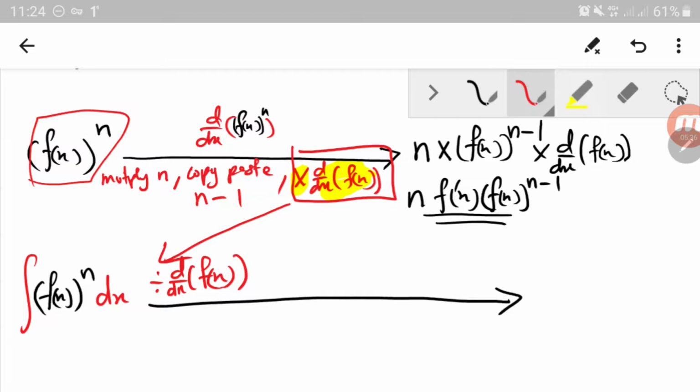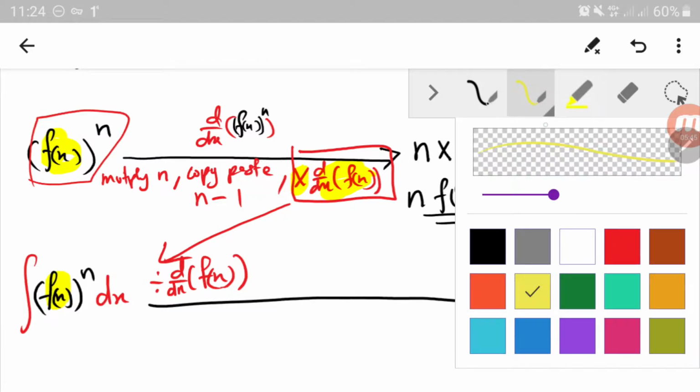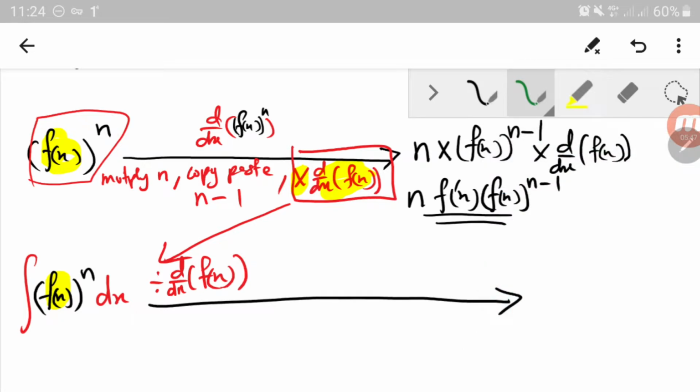But before I forget, make sure the f(x) here is linear. Make sure the one inside the bracket with power n is linear. If it's not, then it's a different case, which I will cover in a different video.